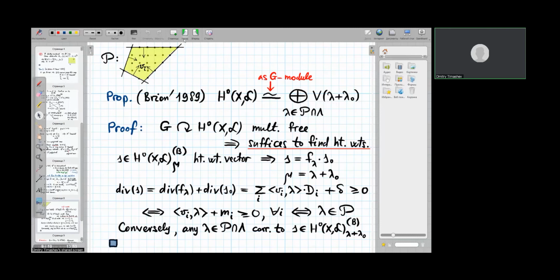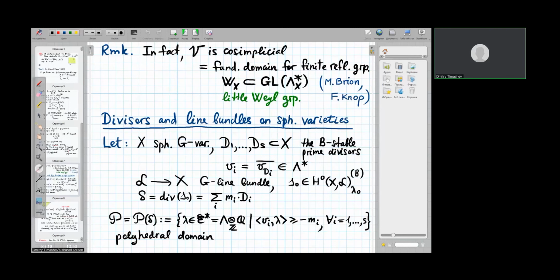Yeah, and this polytope is given by just linear inequalities; to each linear inequality corresponds a B-stable prime divisor in X. Yeah, and these m_i's are the multiplicities of these divisors in the divisor of the section S0, a fixed global section, or even a rational section. You can take a fixed B semi-invariant section of this line bundle. So this I just recall. I hope you have this in your notes.